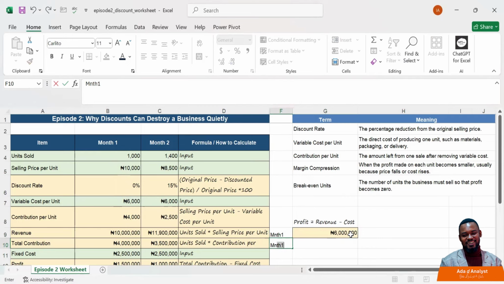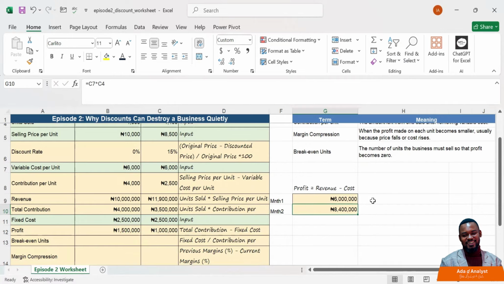For month two, we can say our variable cost per unit is 6,000, right? Multiplied by units sold, which is 1,400. It will now give us the total variable cost for month two. So if we add this with our fixed cost for each month, let us just add that, okay?